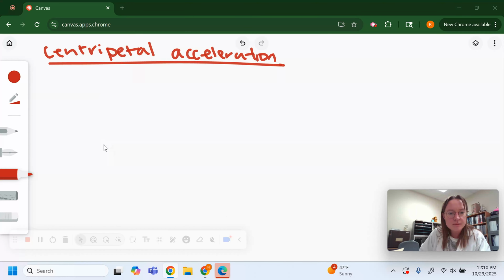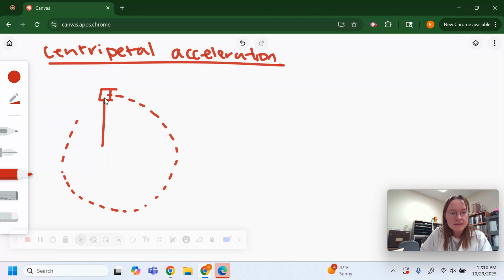Here is my rubber stopper. I'm going to draw a bird's eye view. So if a bird was looking down at my head, they would see that I have this rubber stopper on a string like this. Here's my string, here's my rubber stopper. And they'd see that that little guy is going in a circle like this, except that that was a very bad circle, and I regret all of my little lines.